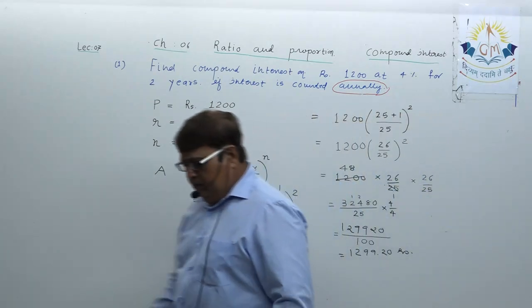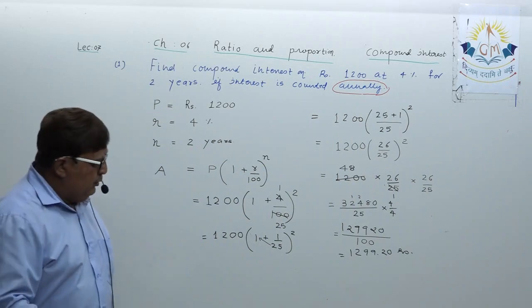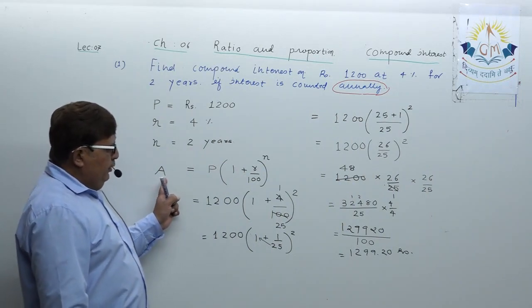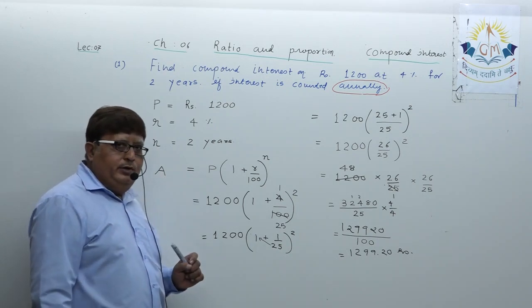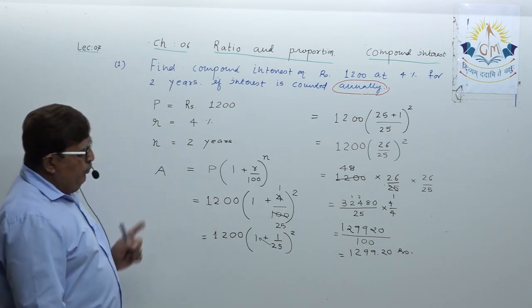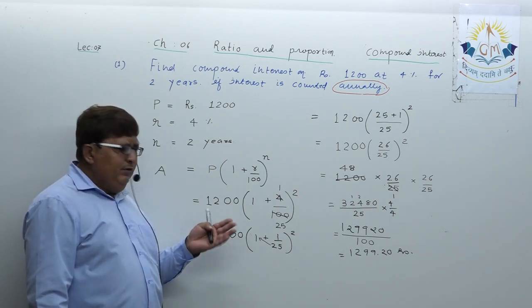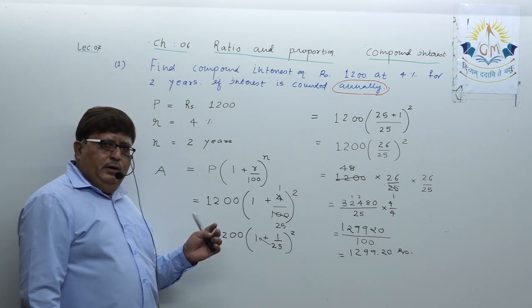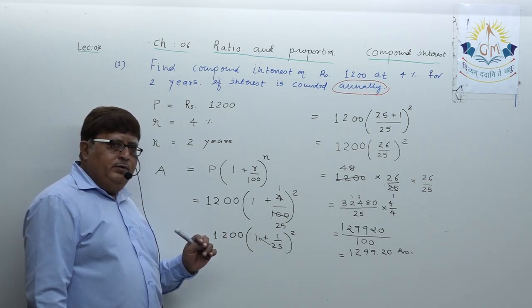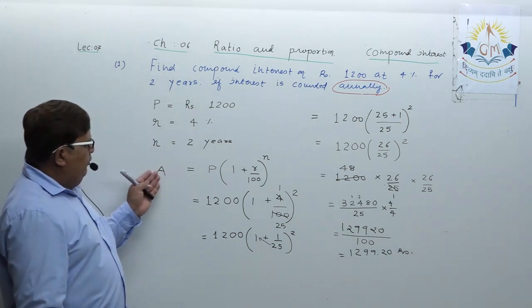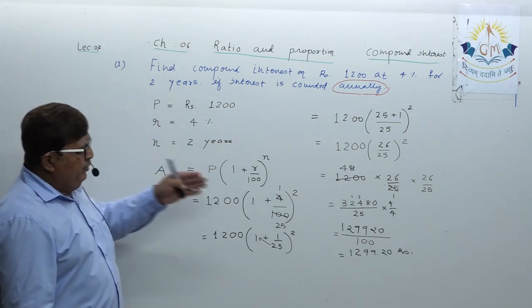Okay, it is not the compound interest, because this is the formula for compounded amount. Now it's simple how to find compound interest. Like in simple interest, you have to subtract the principal from the amount.